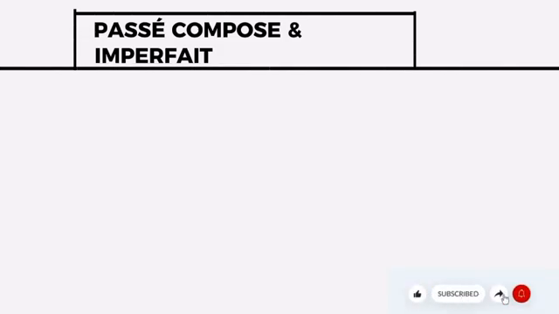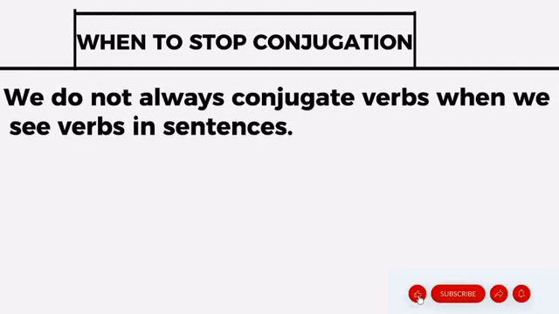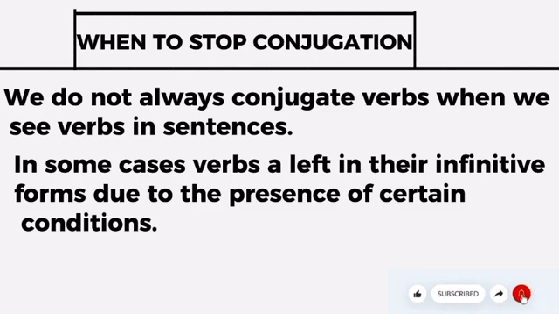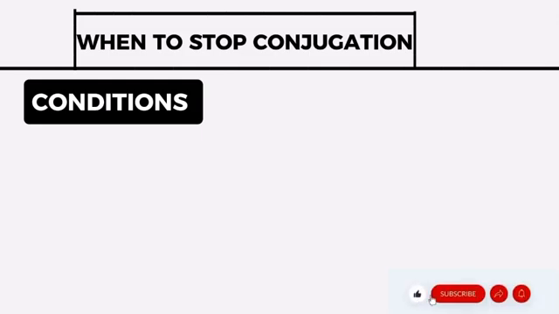Alright, let's take a look at another very common mistake most people make in French, and this is when to stop conjugation. You see, we do not always conjugate verbs just because we see them in sentences. In some cases, verbs are left in their infinitive forms because of certain conditions present in the sentence. The following are the conditions that prevent a verb from being conjugated.